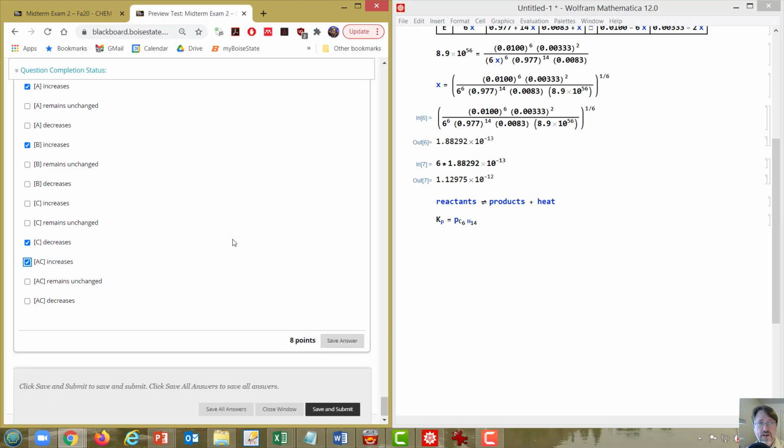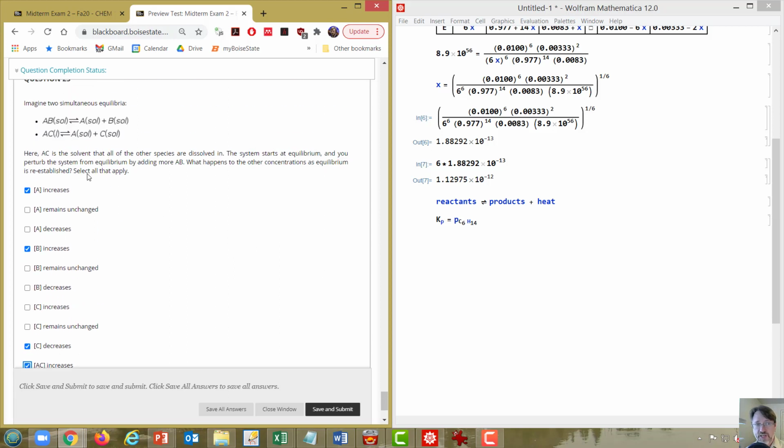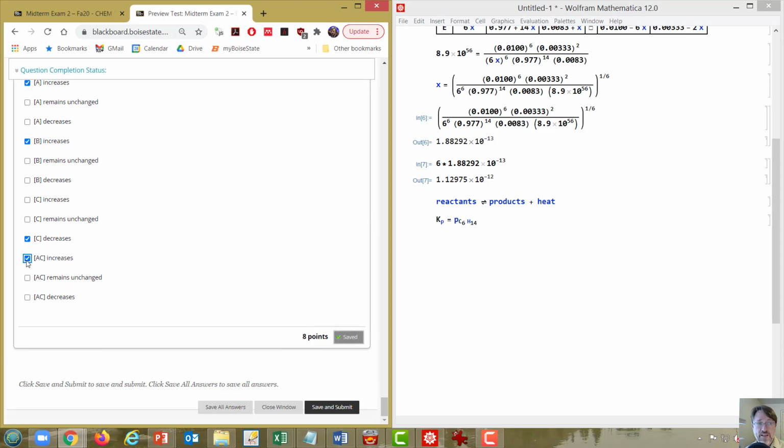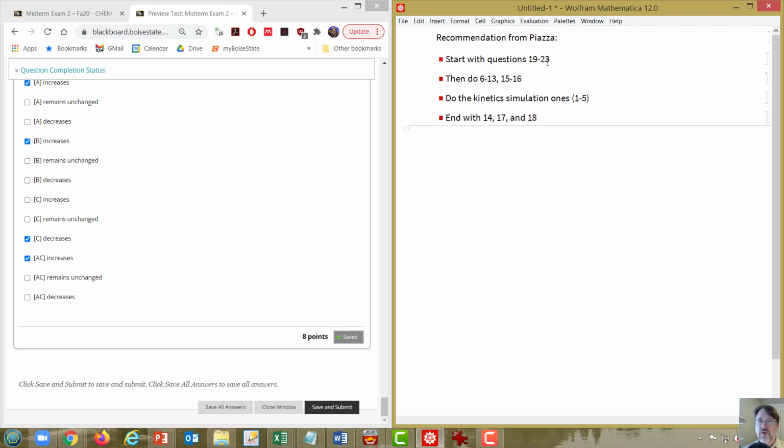We could, because we are making more of the AC. That is also a negligible amount, so we could make the argument that the AC remains unchanged. So I do not remember exactly how this particular question is graded currently, but I'm going to go back into it and ensure that both of those answers will be counted as correct. We are now done with questions 19 to 23.